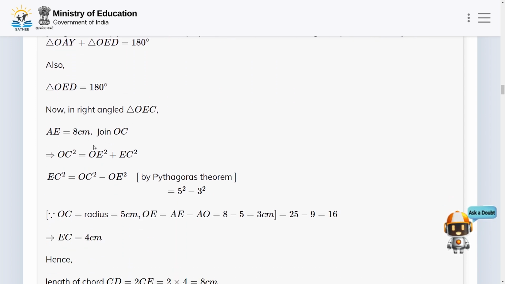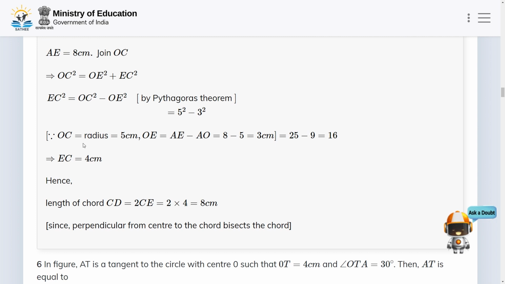Then OC square is equal to OE square plus EC square, by Pythagoras theorem. Okay, so EC square is equal to OC square minus OE square, and this is equal to 5 square minus 3 square. Since OC is the radius, that is equal to 5 centimeters, and OE is equal to AE minus AO, that is equal to 8 minus 5, that is equal to 3 centimeters.